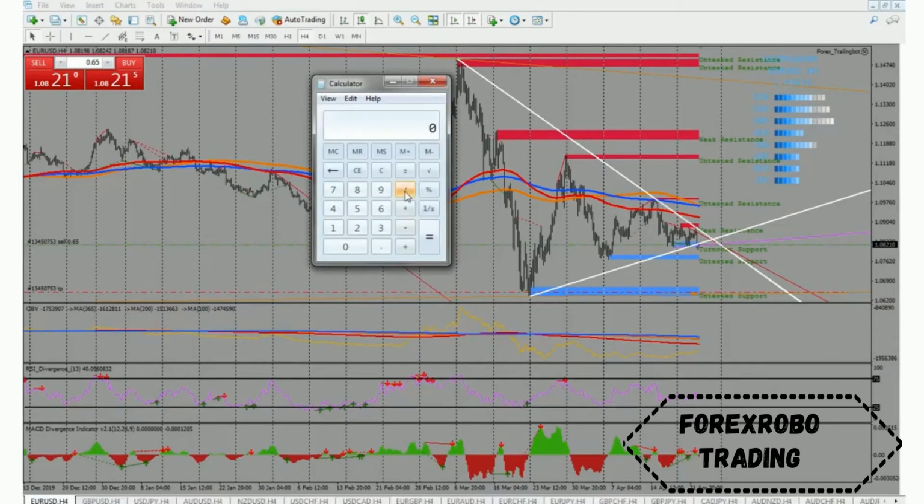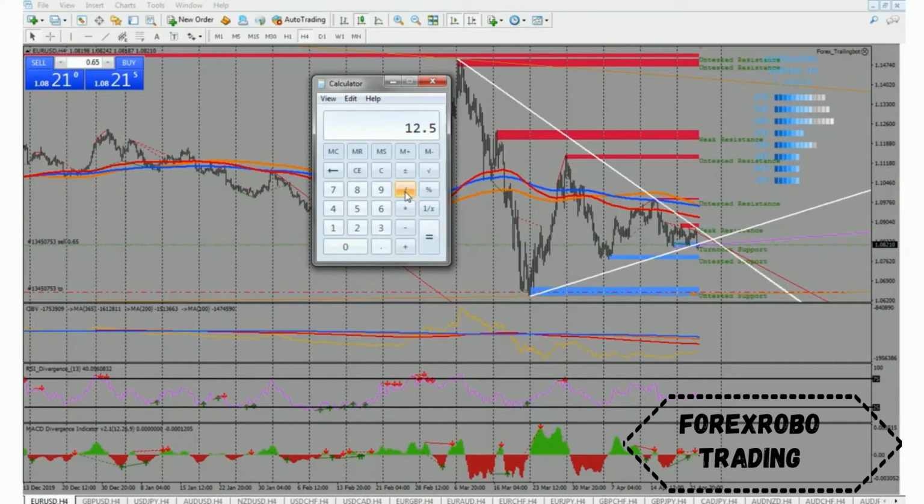How that works is, let's say I have $250 in my account that I'm starting to trade with. I'm an aggressive trader, so I'm going to risk 5%, so I take 250 times 5%. That gives me a trading risk of $12.50 per trade.